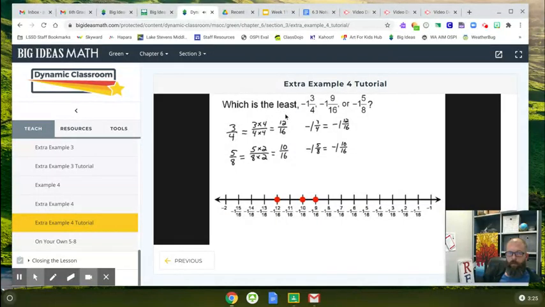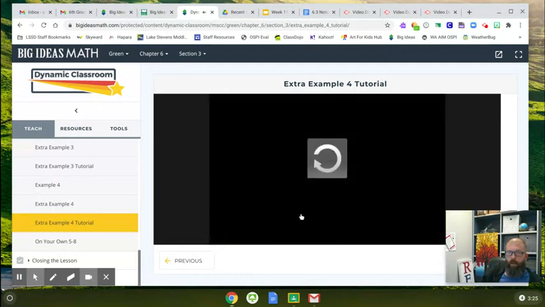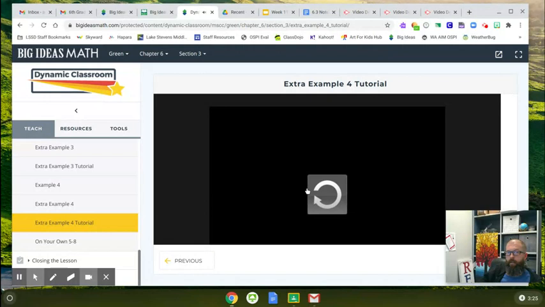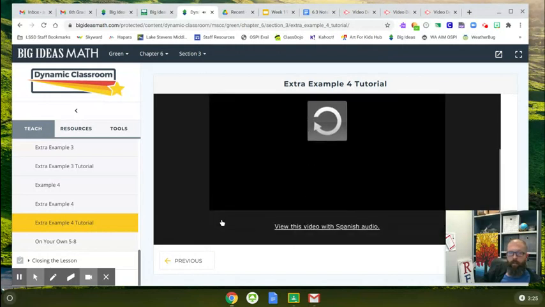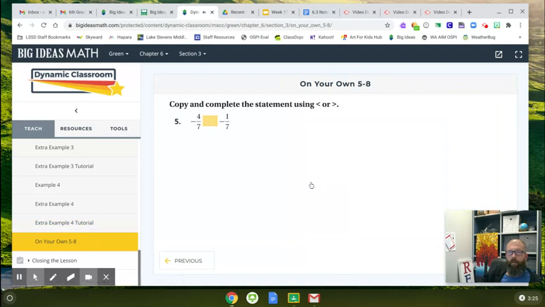Which is the least? -1 and 3/4, negative. Even though it didn't look like it, -1 and 3/4 actually ended up being the least.